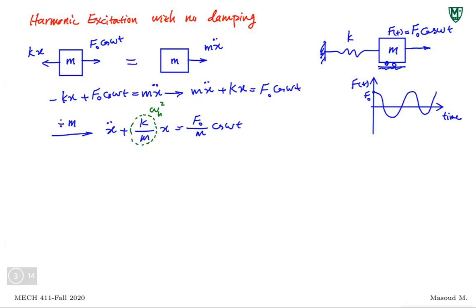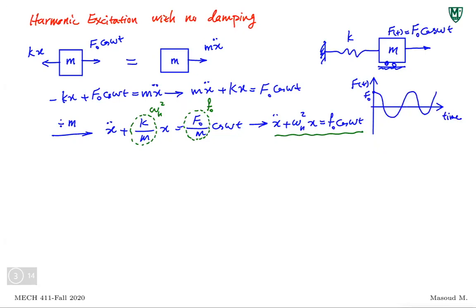Natural frequency was the square root of k over m, so k over m would be omega n squared. And I'll call this F naught over m lowercase f naught. So I can rewrite this equation as x double dot plus omega n squared x equals f naught cosine omega t. And this would be the equation of motion I'm going to use.